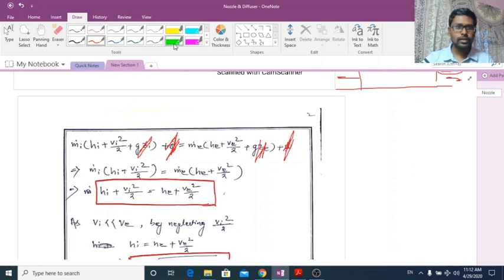So what are we left with? We are left with M dot I into (HI plus VI square by 2) is equal to M dot E into (HE plus VE square by 2).